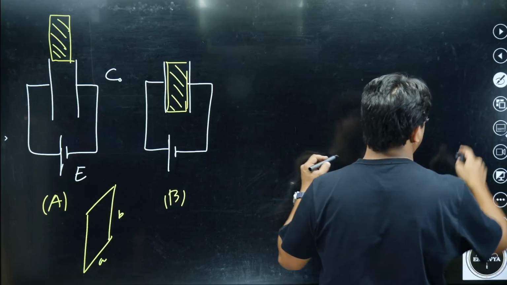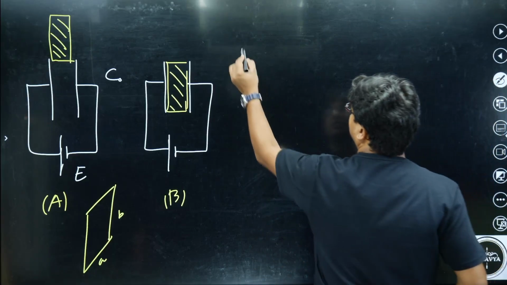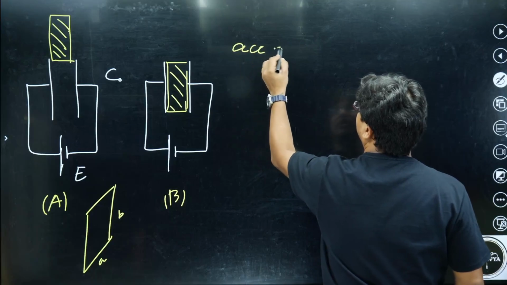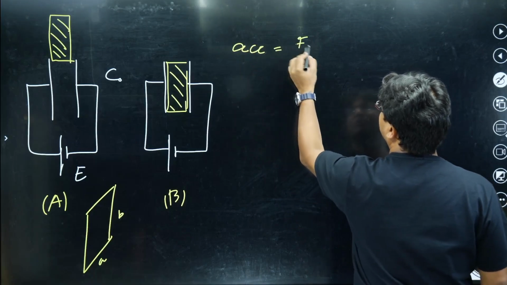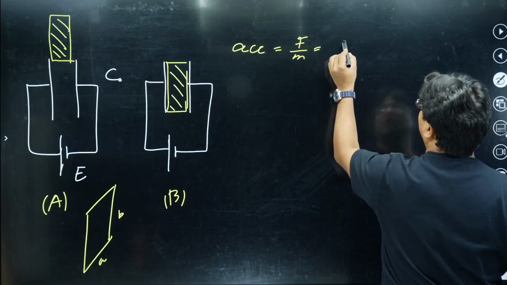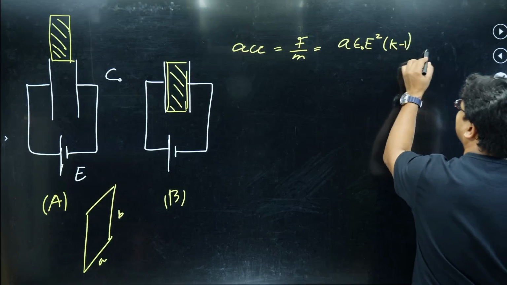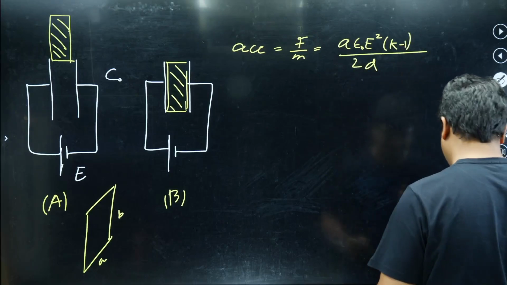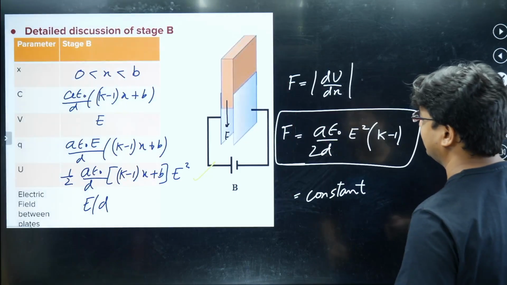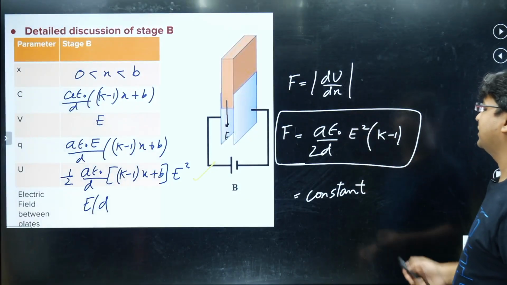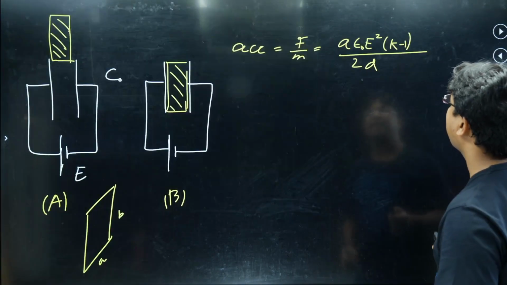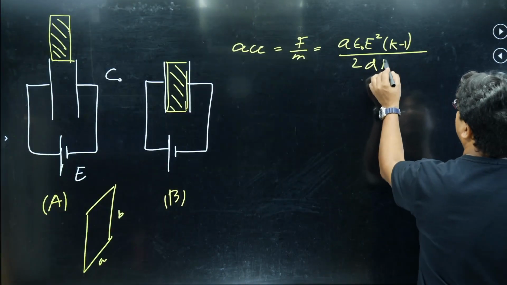So the acceleration would be force upon mass. So it would be a epsilon naught E square into (K minus 1) upon 2d. Let me just check whether I wrote the expression correctly or not. I think it is correct. So I divided with m.